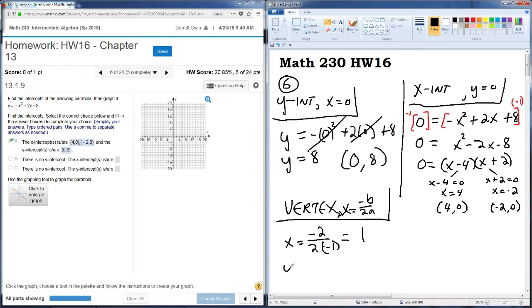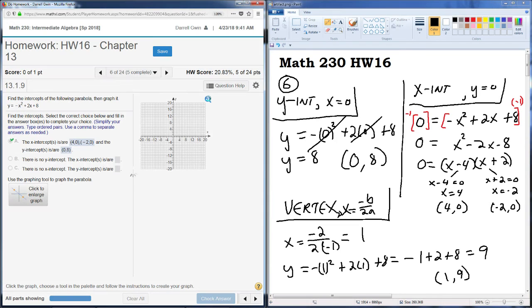We plug in a 1, we get y equals negative 1 squared plus 2 times 1 plus 8, which equals negative 1 plus 2 plus 8, which equals 9. That's the ordered pair (1, 9). So we have the vertex. We just need 2 points, the vertex and one other point, to be honest.